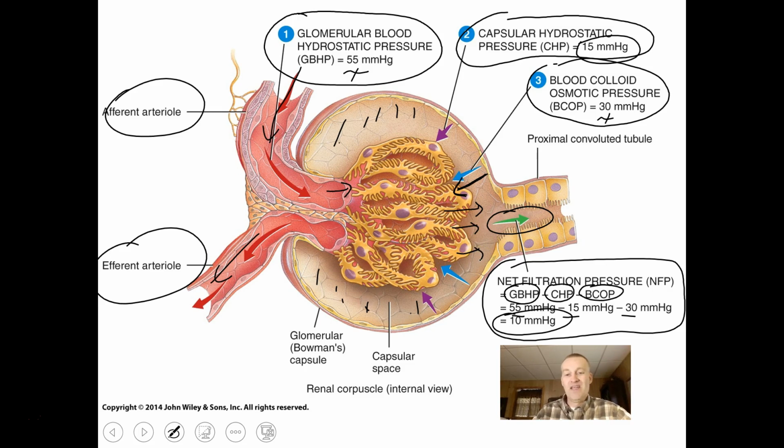Of course, if you got a negative number, that would mean that more fluid was going back into the glomerular capillaries. Okay, so there's a lot of things that can upset the balance of blood pressure, capsular hydrostatic pressure, and blood colloid osmotic pressure. So those things, you should be somewhat aware of, and we'll talk about a few of those things.